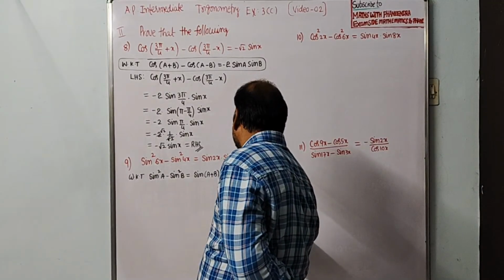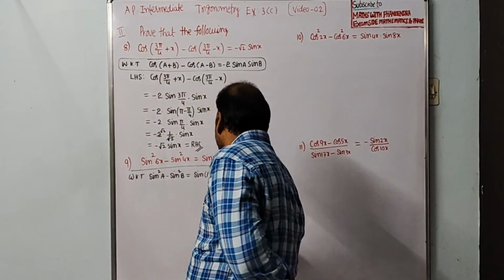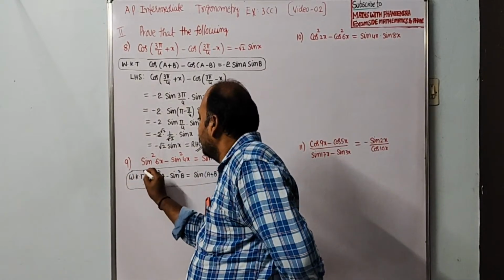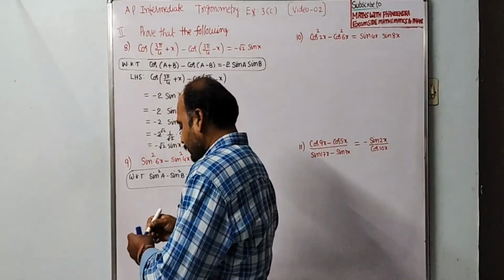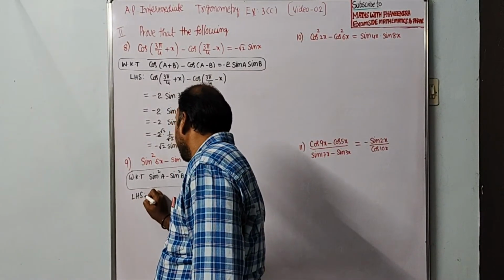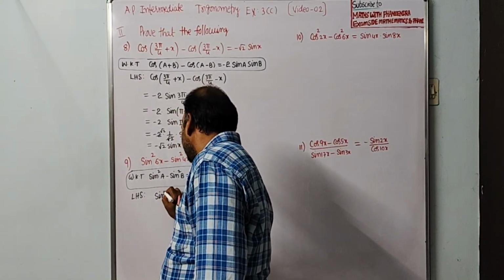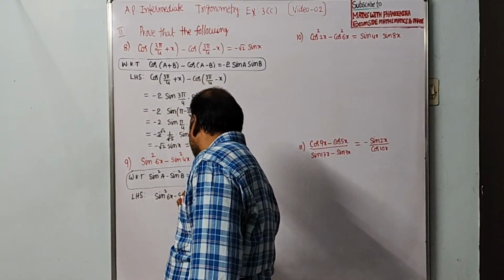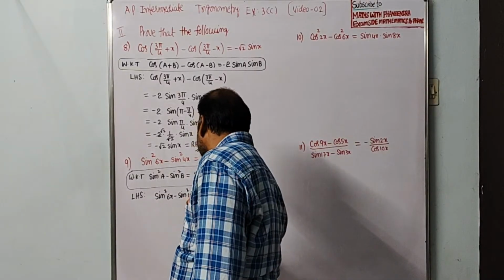So by using this formula, LHS sine square 6x minus sine square 4x.